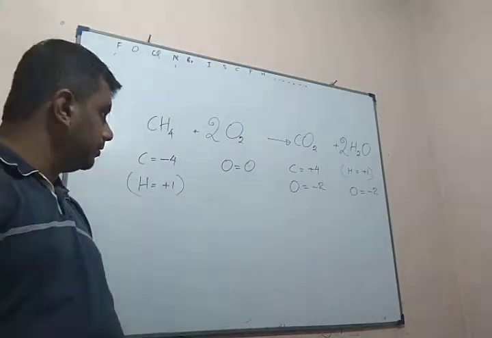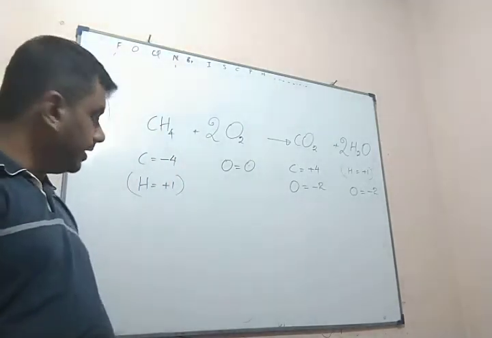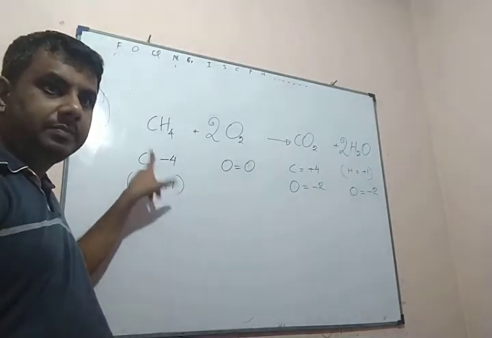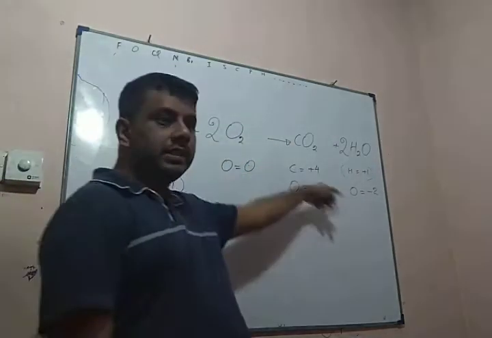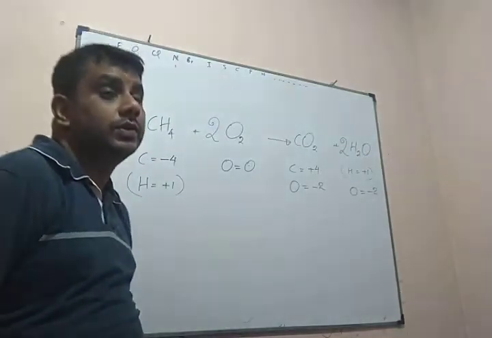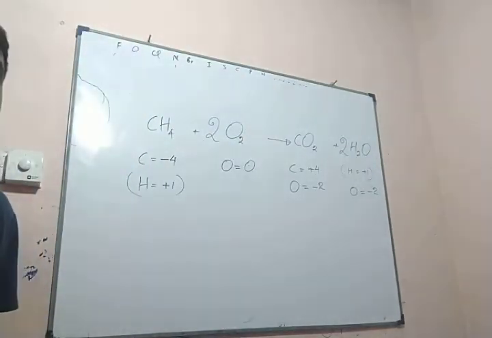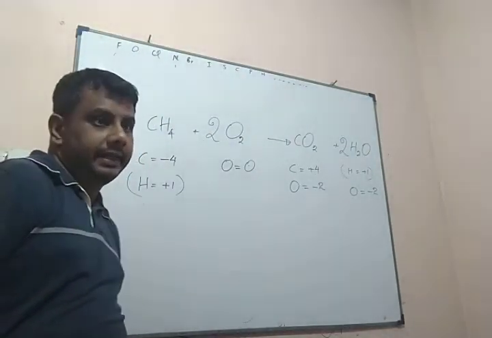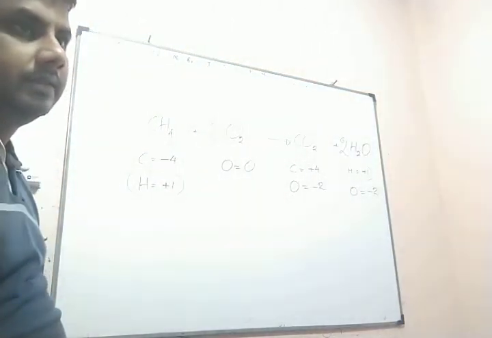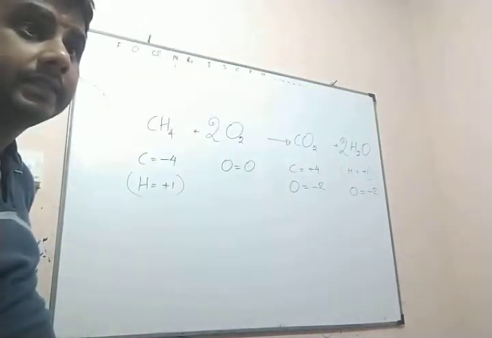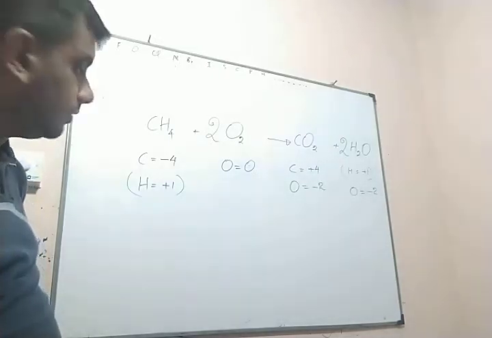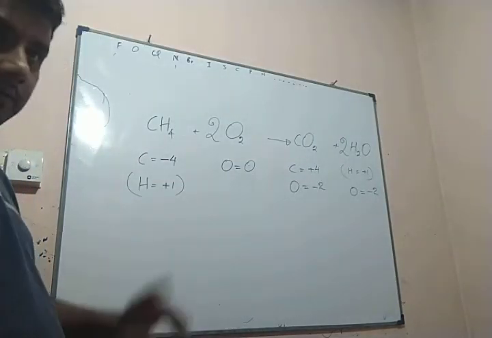And what about carbon? Here the oxidation state of carbon is minus 4, but here the oxidation state of carbon is plus 4. So the oxidation number has increased. So carbon undergoes what? Oxidation. Okay, got it?